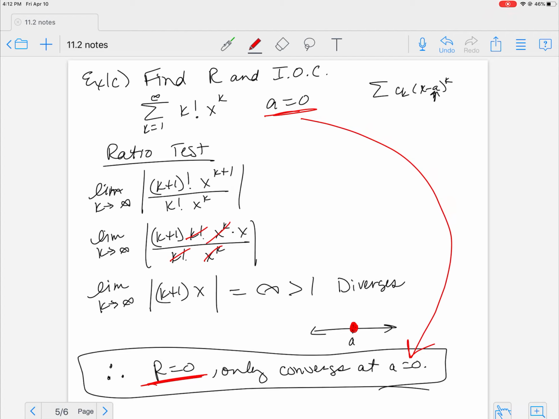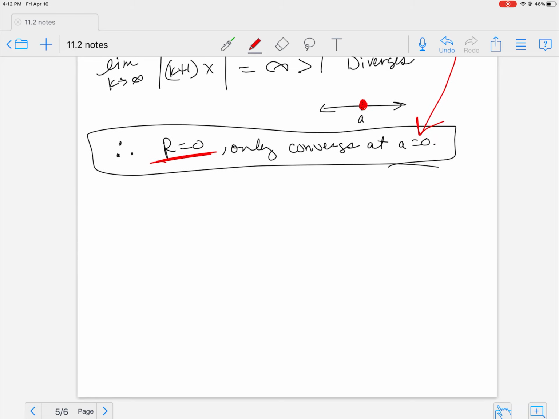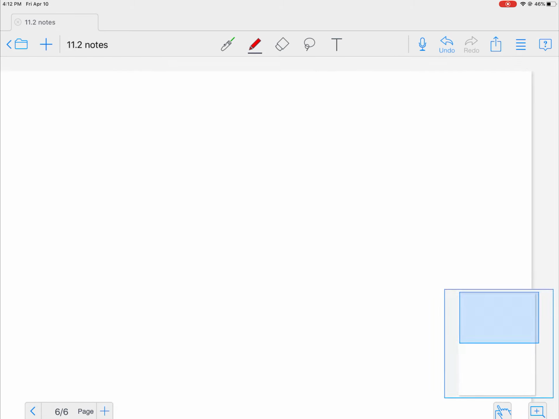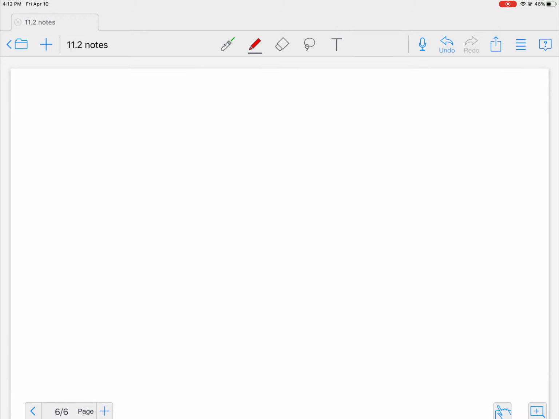All right, so my 3 scenarios: infinite, on an interval, and just at the point. Okay, so let's do an extra page because I don't want to limit myself here. Let's do another example. Let's do example 2 here.